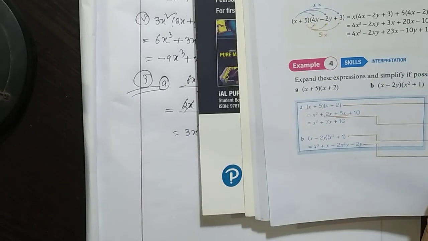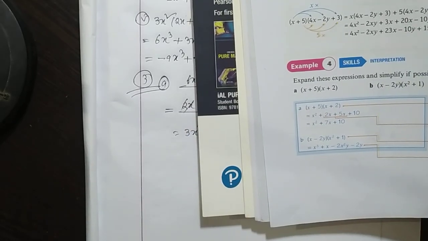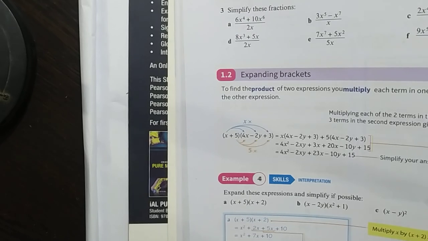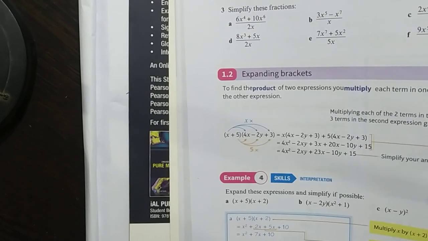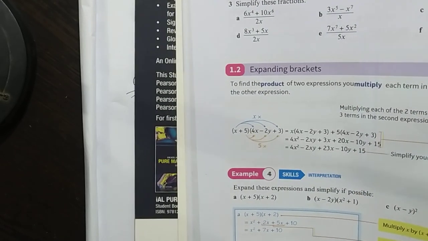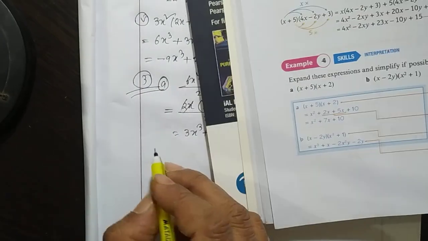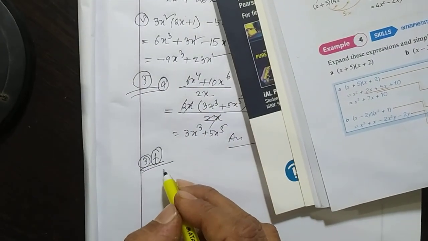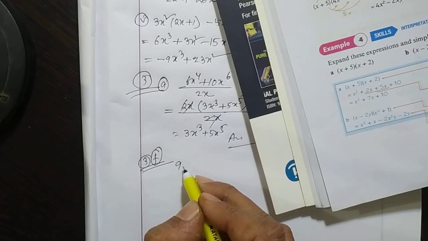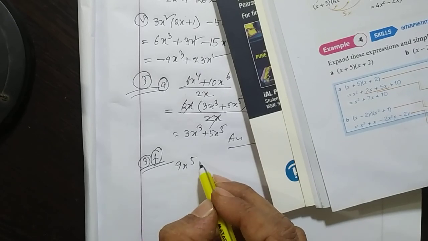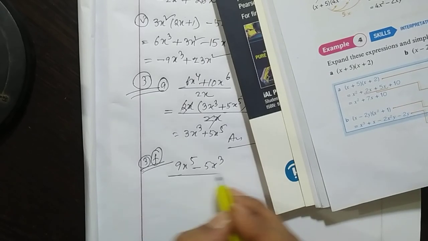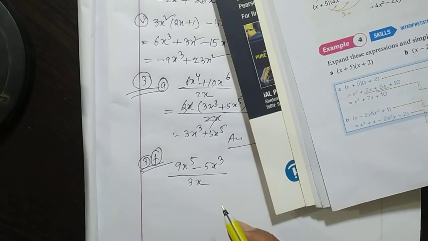And we'll go directly to the last math. Here you have 6 maths. First one and last one I will solve. Question number F. Go for 3F. Here 9x to the power of 5 minus 5x to the power of 3 divided by 3x.